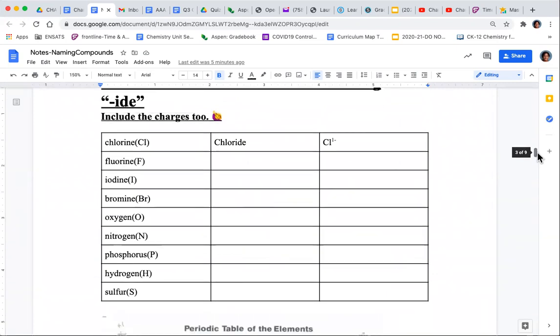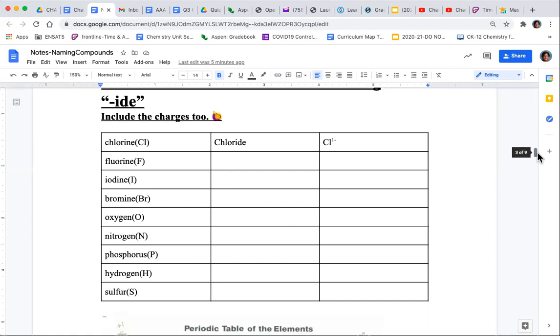Chlorine ends like chloride, like sodium chloride. Then fluorine, take a second, fluoride. Like that, we will discuss and put up the non-metal names, how they come in the compound.